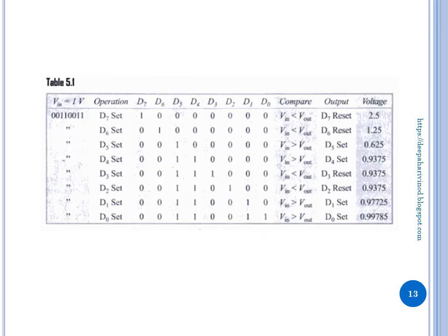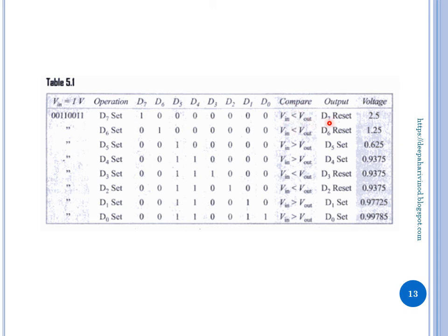The corresponding table is shown here, and here we can see D7 to D0, all the bits mentioned, and the input Vin given is 1 volt. Initially all the register will be 0 and after that D7 will be set. So after D7 is set, the comparator compares Vin and Vout.